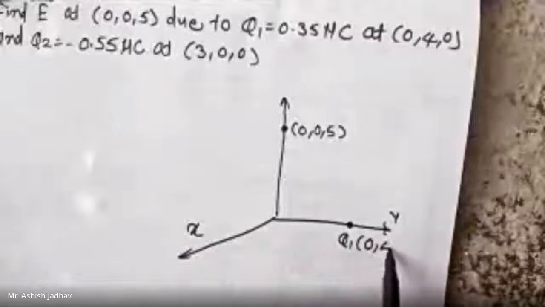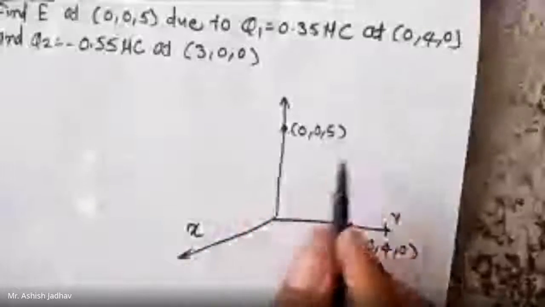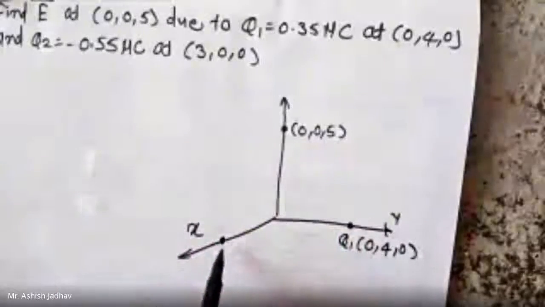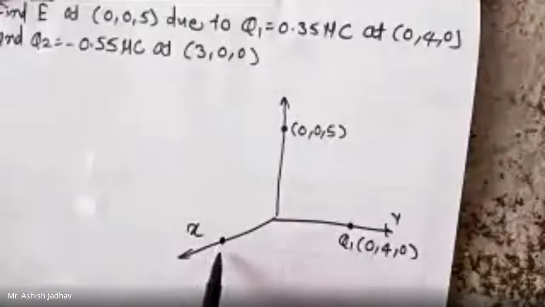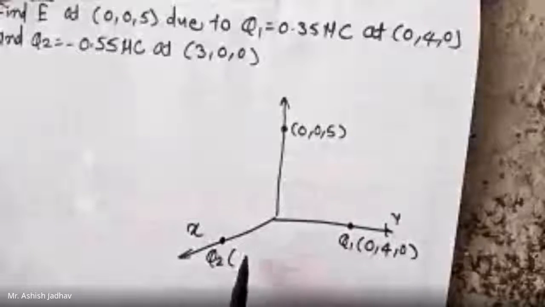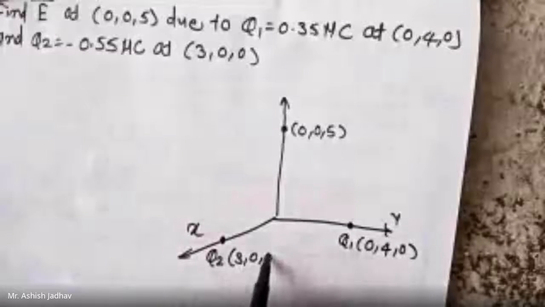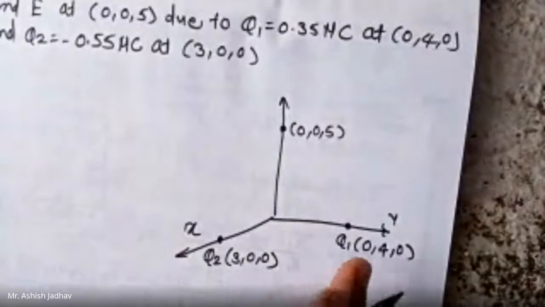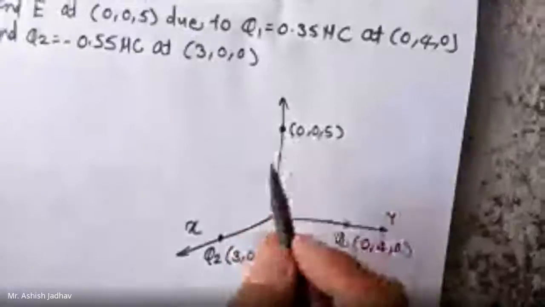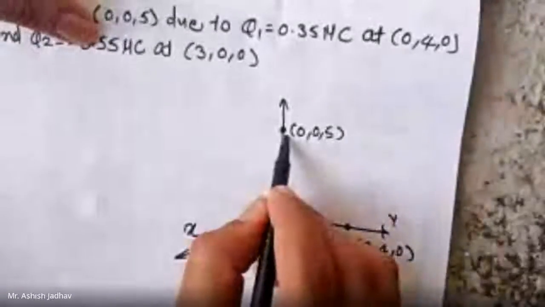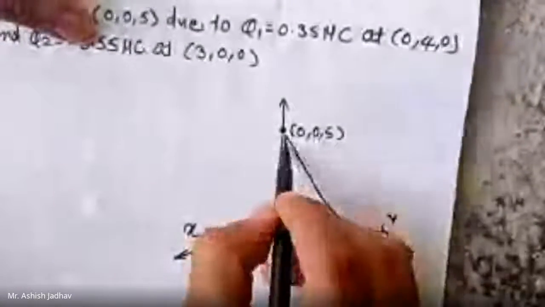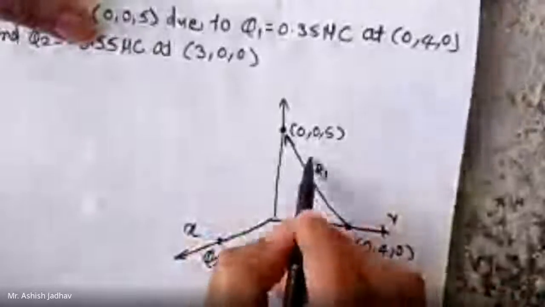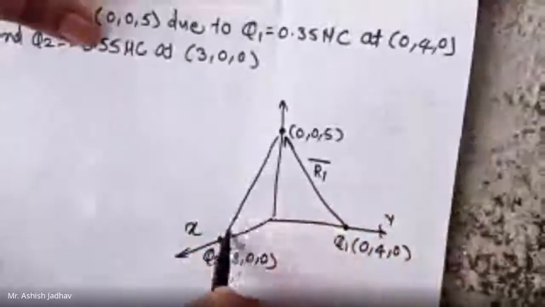Location is 0, 4, 0, and Q2 is located here. Location is 3, 0, 0. So from this information, you need to find the electric field intensity at this point. So for that reason, you must calculate this R1 and R2.